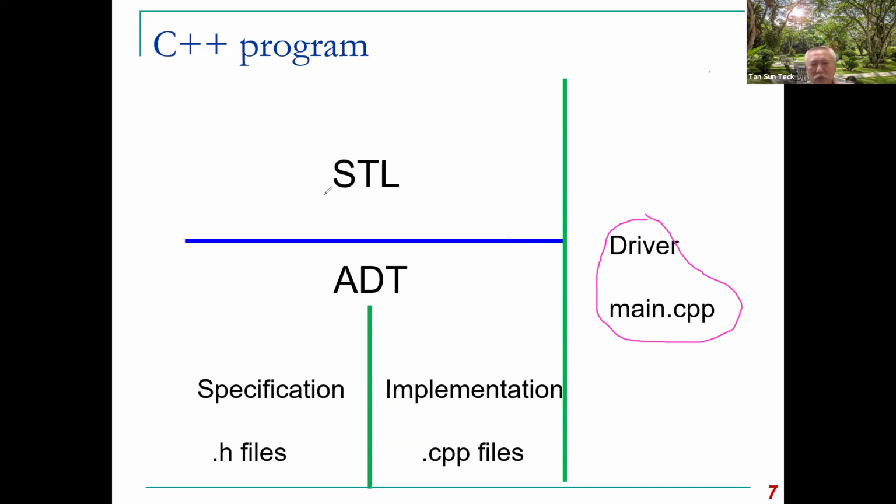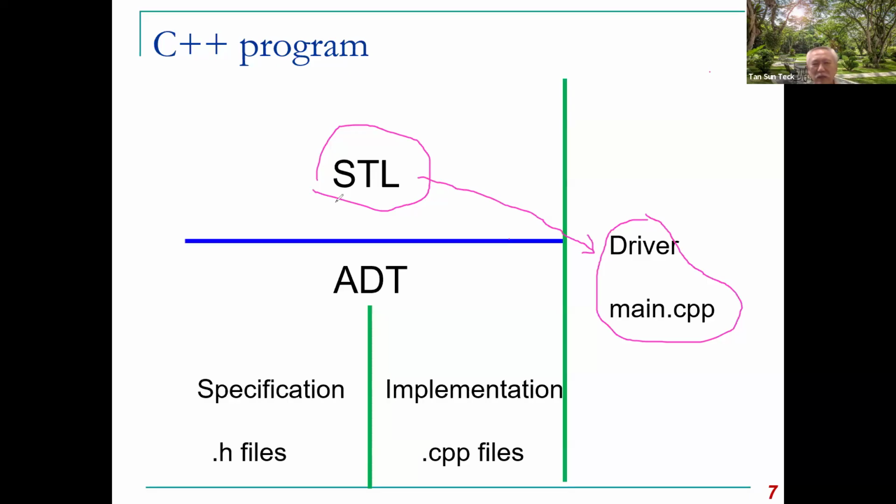But sometimes we know that STL, the standard template library, provides us with a lot of functions that we can use. And if we know how to use those functions, then we can get the driver program itself to create an instance of this STL class, and then use the function or method inside this class to do it for you, right?